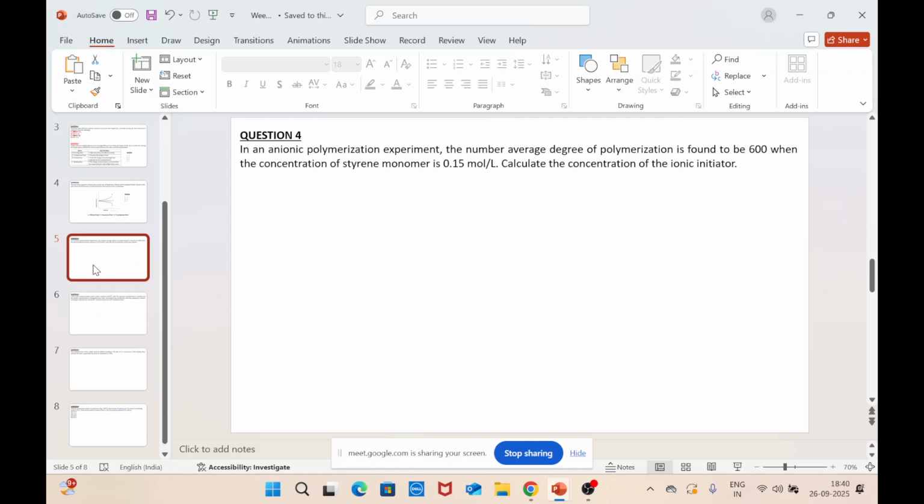Anyone? It's just a single line. The answer is, it's a very, very simple question. You just need to know how to calculate the number average degree of polymerization for a living polymerization, and once you know that, the problem is solved. It's just basic arithmetic after that.